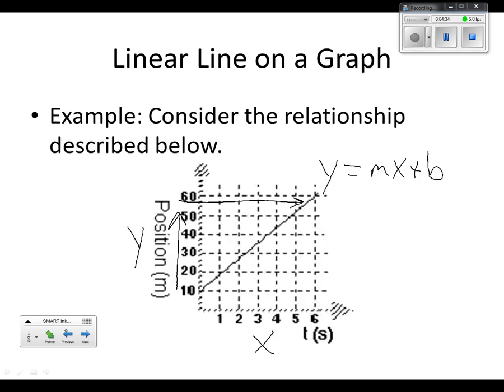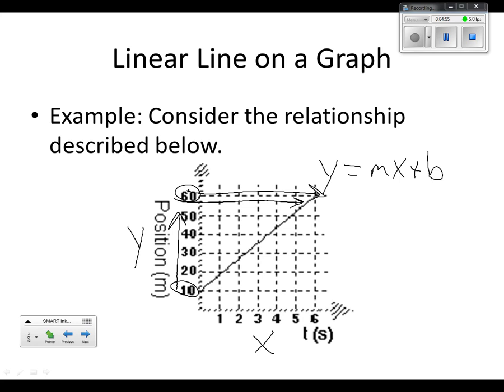So what we have here is it starts at 10 and ends at 60, so it rises 50, and it goes over 6. Some people want to say 60 divided by 6, but you have to be careful.